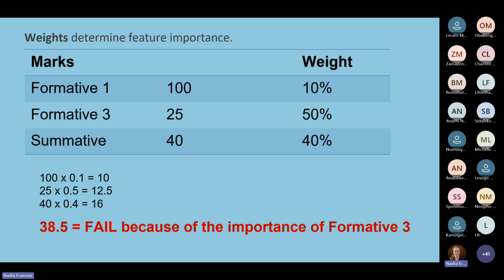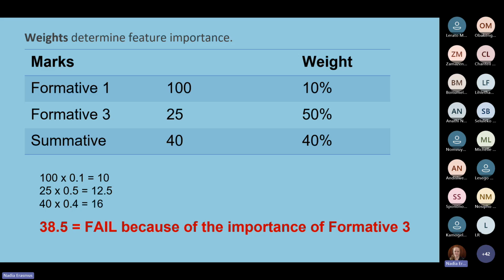So let's get what the weight counted. So we're going to have formative 1 is 100 marks that you got. So you have 100%, so you got 10 points. For formative 3, you got 25, but it counts 50%, so it's going to be 12.5. Okay, and then we have 40, so it's 40 out of 40 is going to be 16.